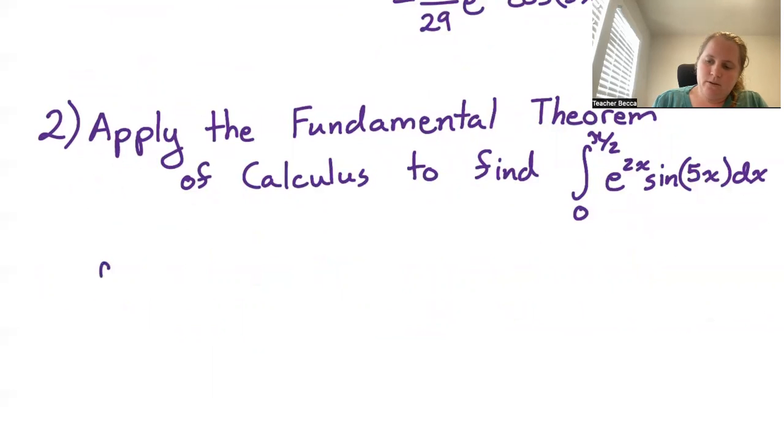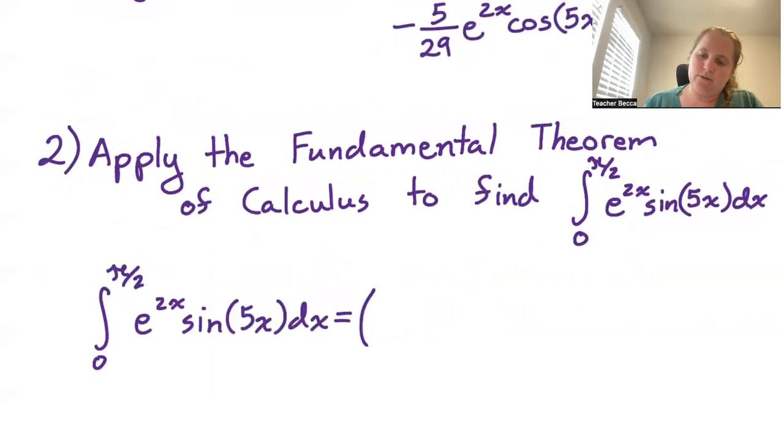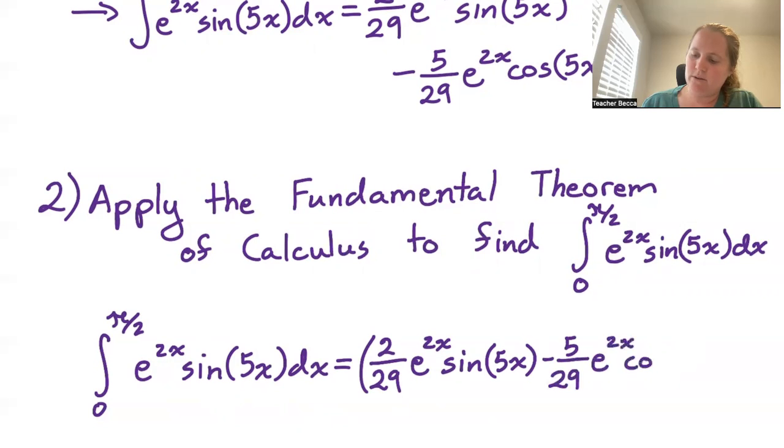So this definite integral is equal to, we just found, 2/29 e to the 2x sine of 5x minus 5/29 e to the 2x cosine of 5x, and then evaluated at 0 and pi over 2.